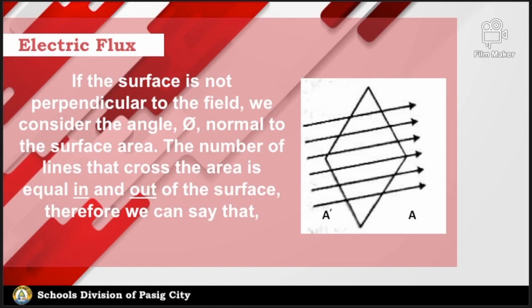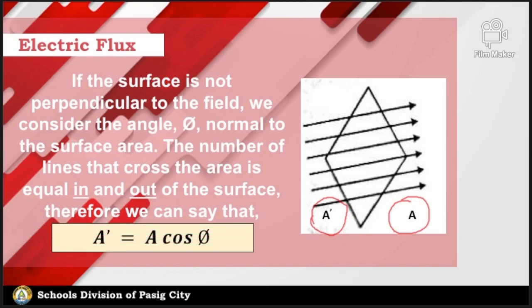The number of lines that cross the area is equal in and out of the surface, as denoted by A prime and A. Therefore, we can say that A prime is equal to A multiplied by cosine theta.